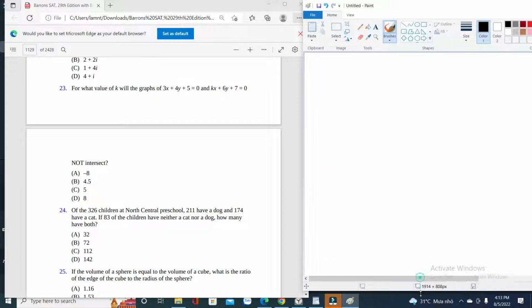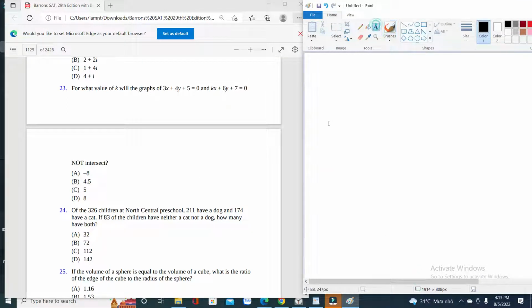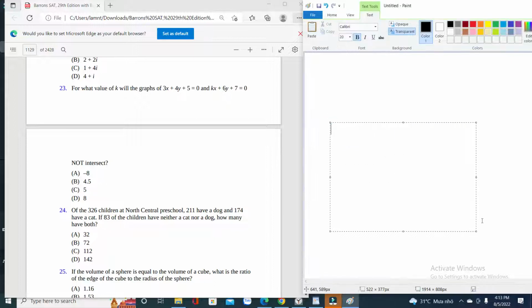Okay. So for number 23, he asks about the parallelism of two lines, right? For which case do these two lines not intersect, which means for what k will these two lines be parallel?